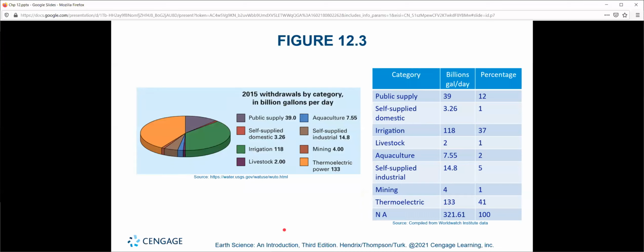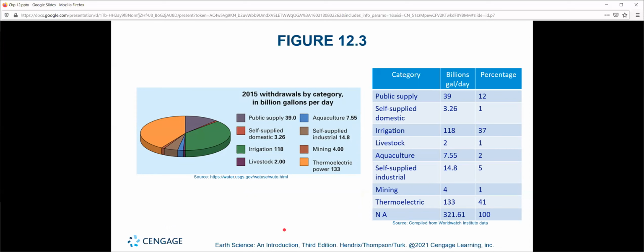As shown here, we have a nice graph and chart explaining the rough percentages and amounts of water used per day. Here, 2015 withdrawals by category in billions of gallons per day. And it's, again, amazing to look at and understand how this works, right? Thermoelectric power shown here.